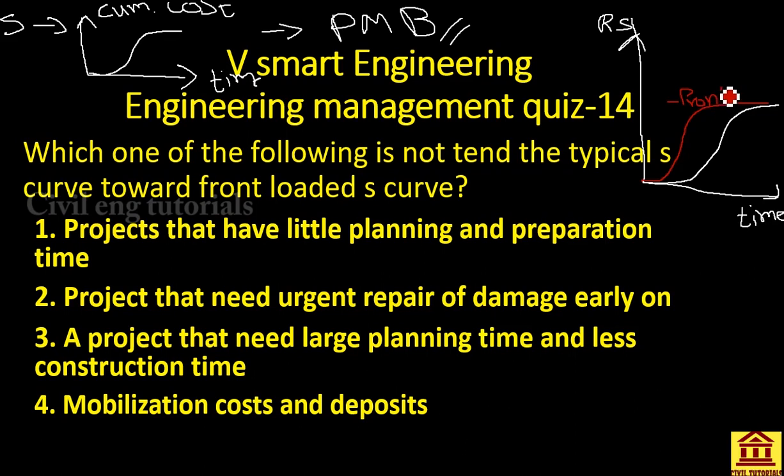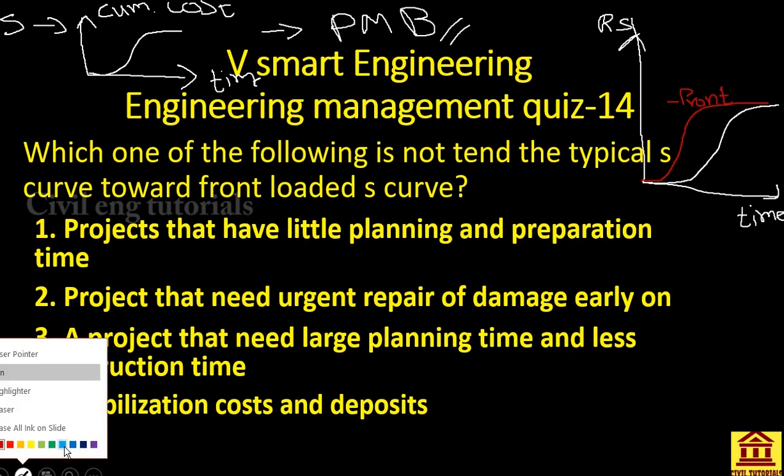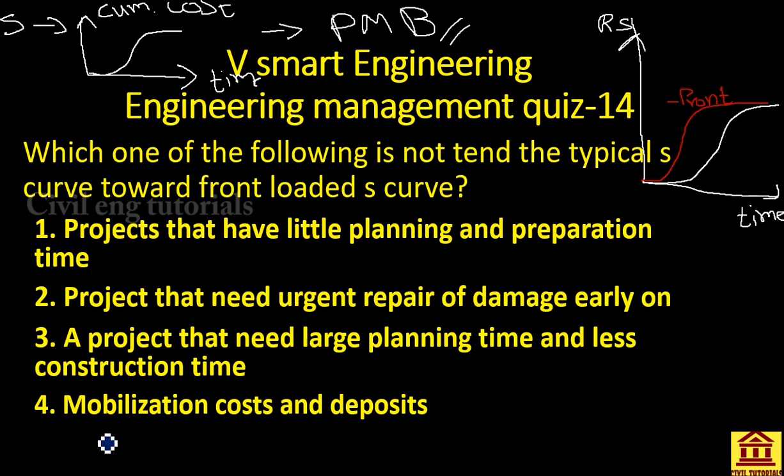S-curve. Then let's say we have our back-loaded S-curve like this. This is our back-loaded S-curve. So you can see the difference between the front-loaded, the back-loaded, and also the typical S-curve.